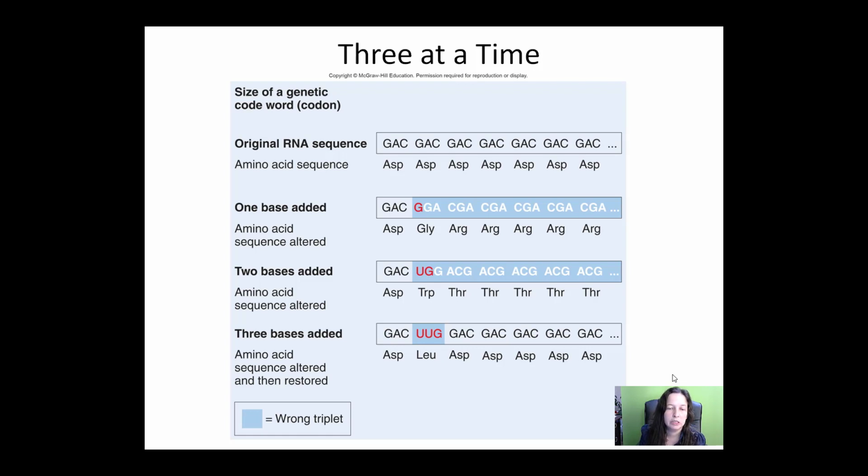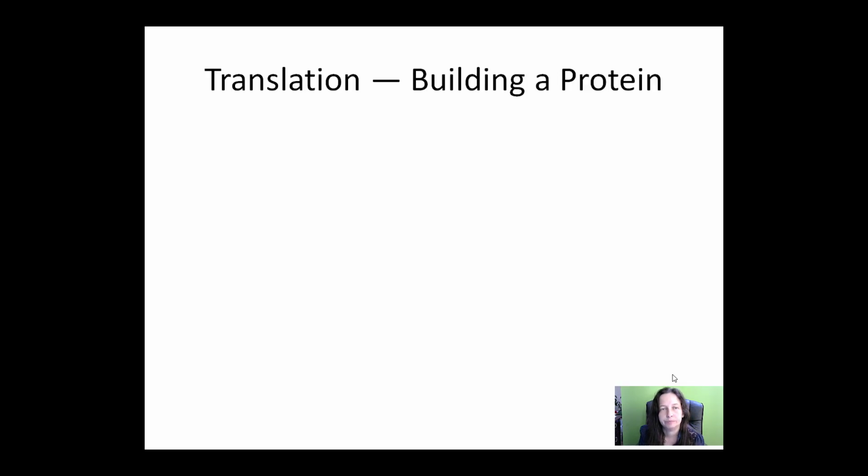But when 3 bases are added, this preserves the reading frame. Yes, you have an extra amino acid present, but the rest of the amino acids are correct. So this mutation would be less severe than the other 2 because it preserves the reading frame.